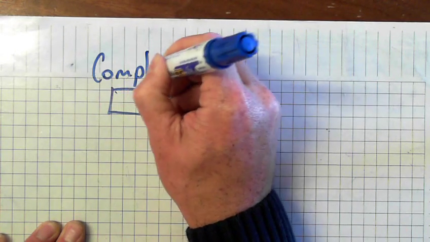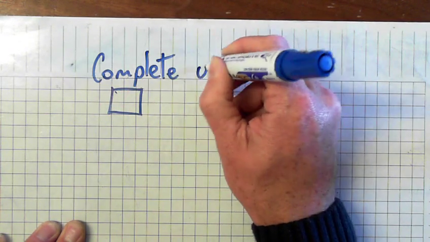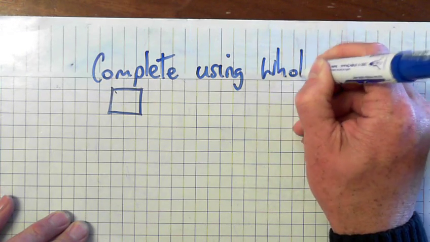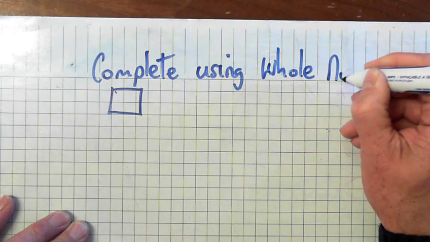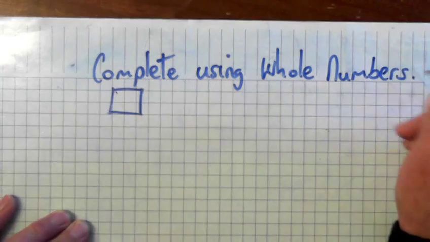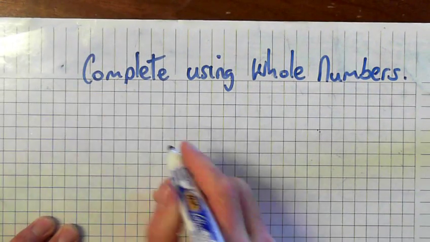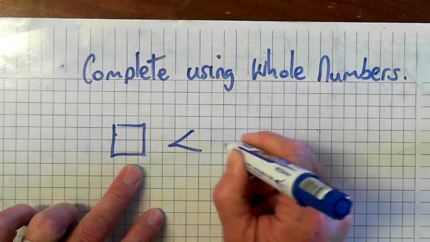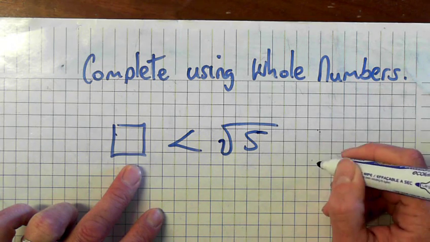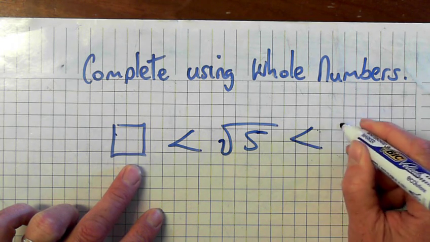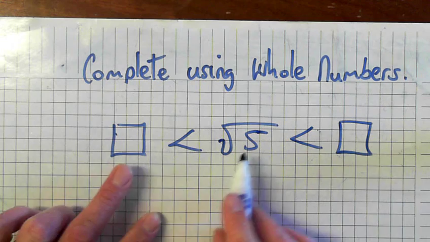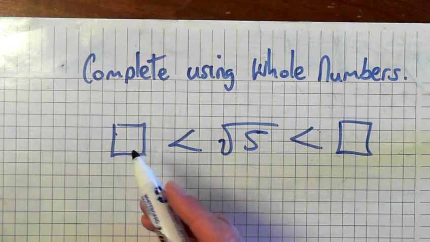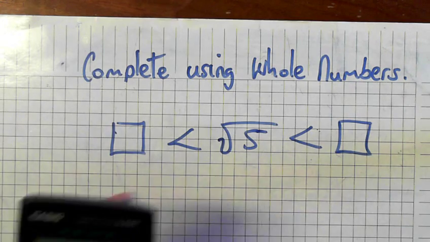So just look up, complete the sum using whole numbers. So actually this is not a square number, we're just filling in a box, alright? Right, what whole number is just lower than the square root of 5? We don't know what the square root of 5 is.